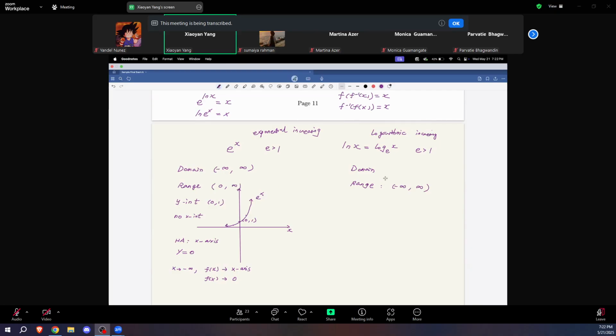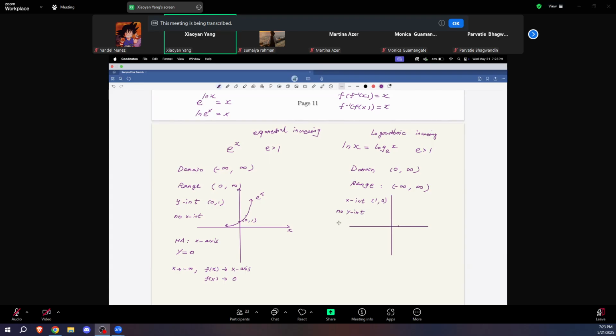This brings up the log function. The log domain comes from the exponential range, and the log range is the exponential domain. So the domain is 0 to infinity. The graph looks the same but reflected. This time is a little different. If we have a y-intercept, interchanging x and y gives an x-intercept: 0, 1 becomes 1, 0. We had no x-intercept before, so here we have no y-intercept.